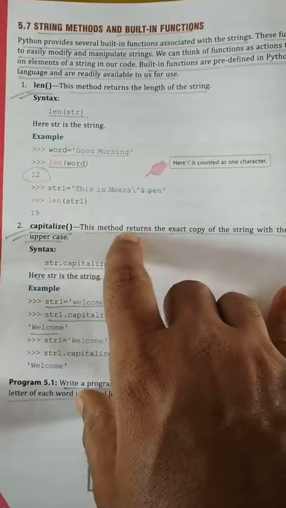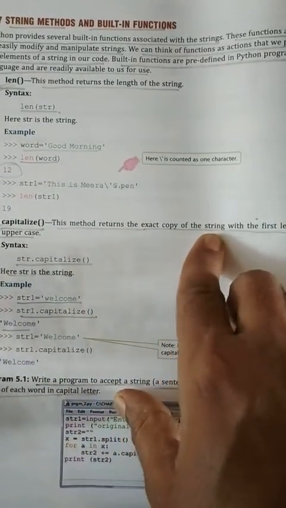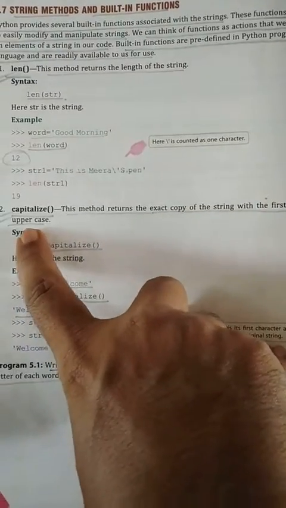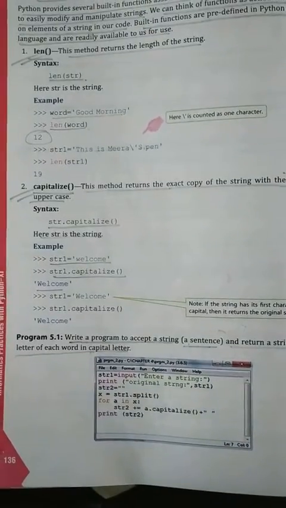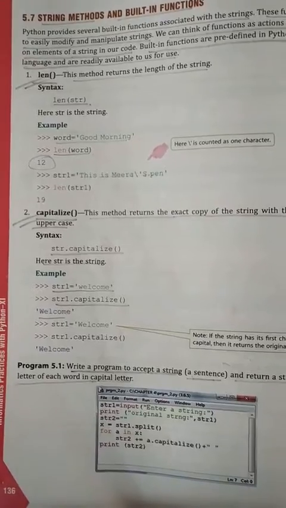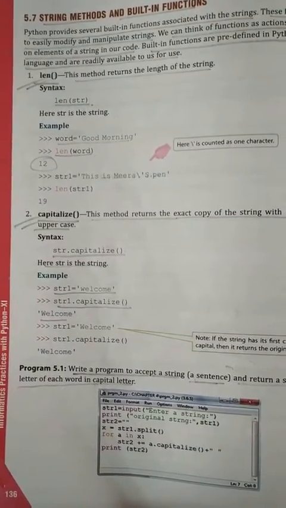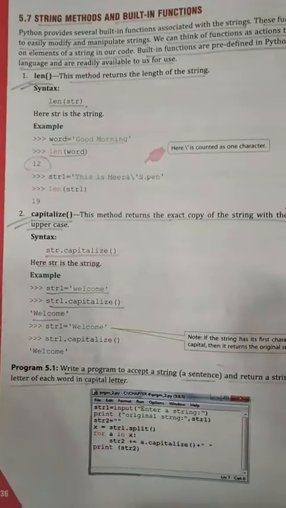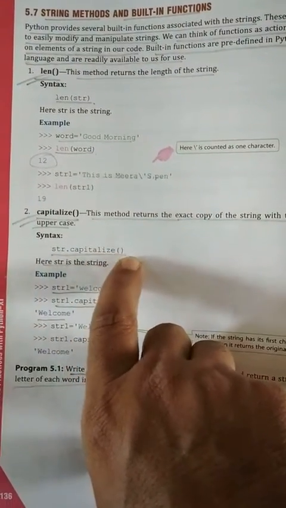Capitalize. This method returns an exact copy of the string with the first letter in uppercase. So what does it do? The capitalize function capitalizes the first letter of the given string. Suppose DAV is written, so the first character D will be capitalized by this capitalize function. Syntax, see, string dot capitalize.